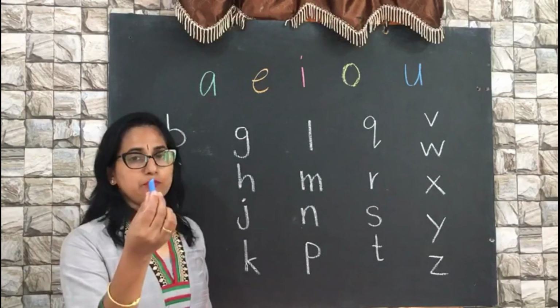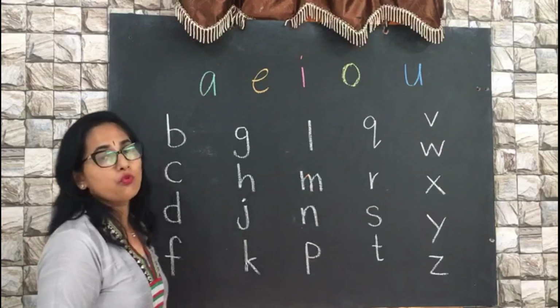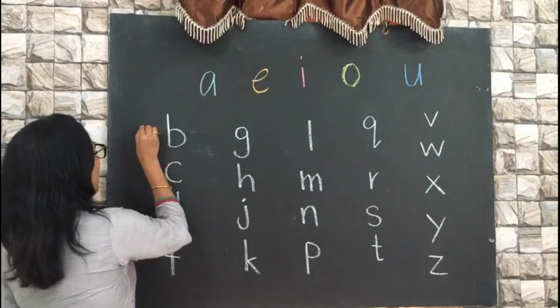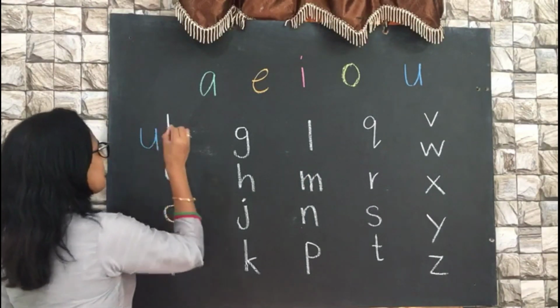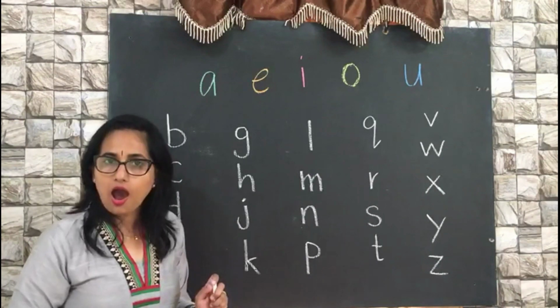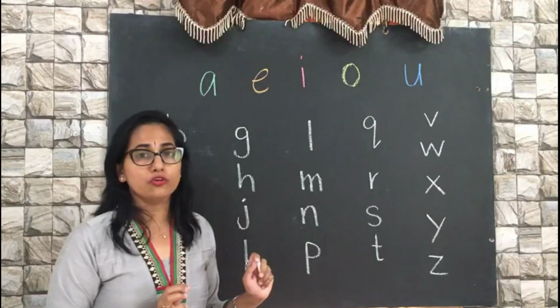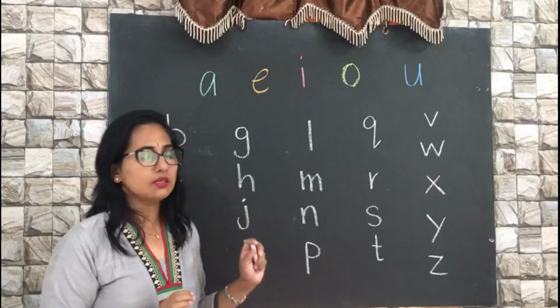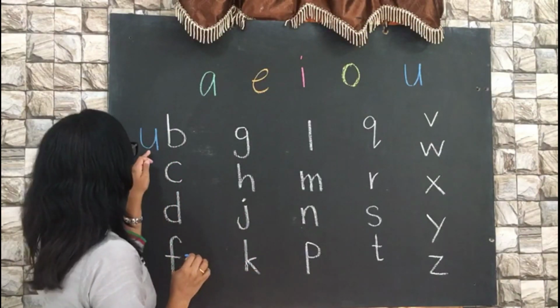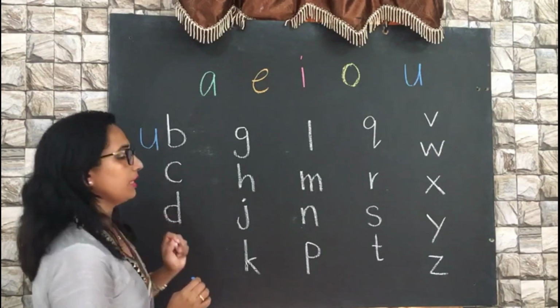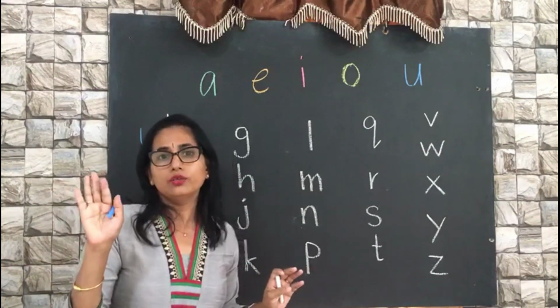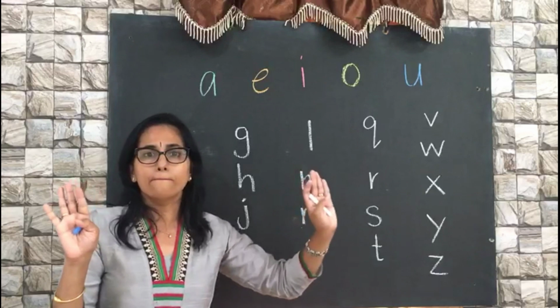I'm going to use the same blue color for writing vowel U. And here you have vowel U, the sound of U, it is uh. And the consonant B. And the sound of B is b. When you join letters U and B together, it is ub.